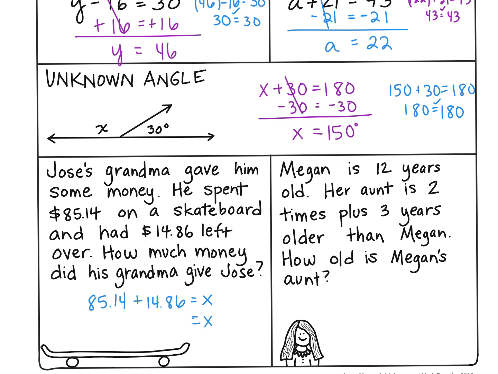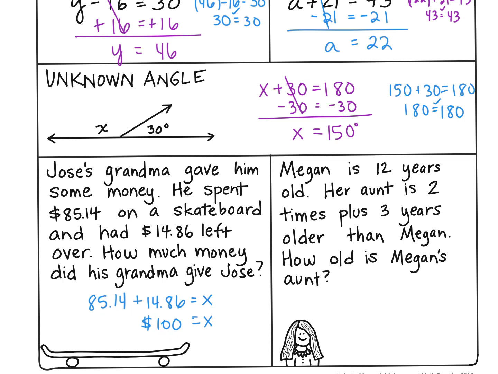Which is $100. So his grandma gave him $100. Notice my format. I kept my equal sign lined up. I kept my X lined up, and I solved this portion over here to end up with $100.